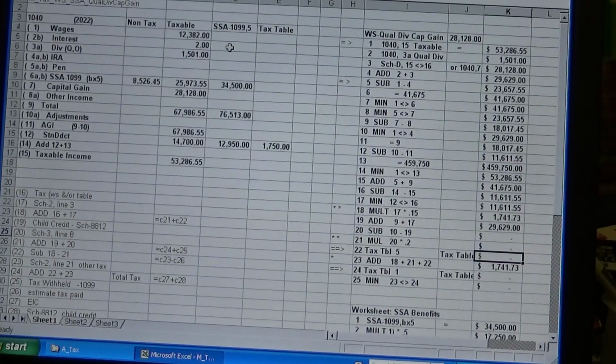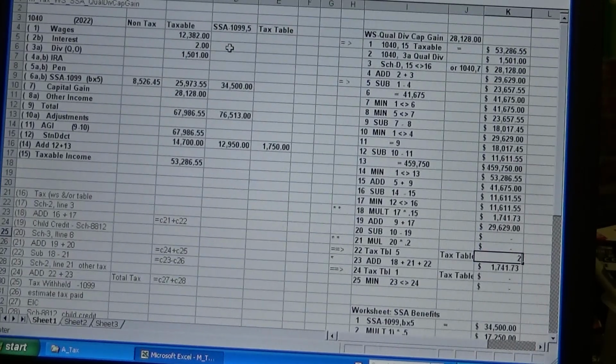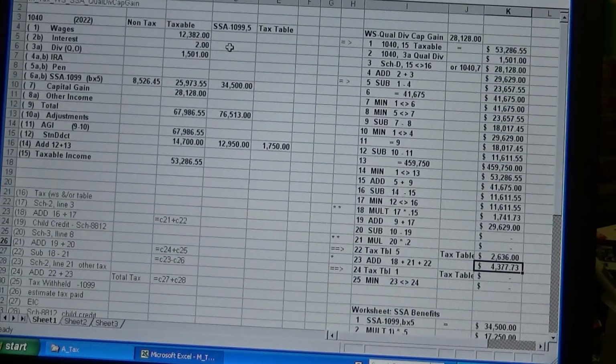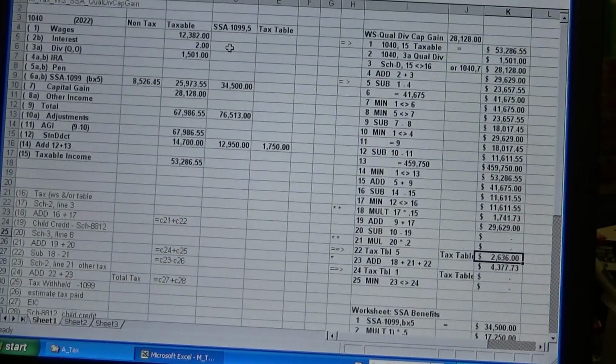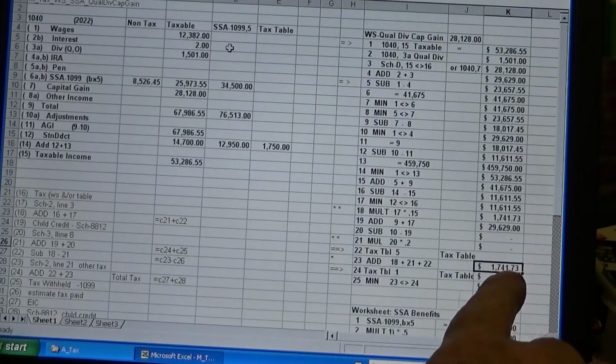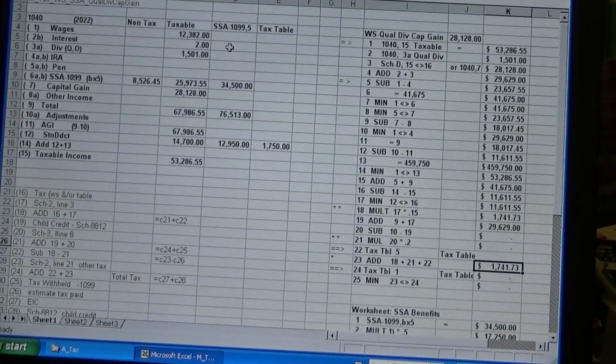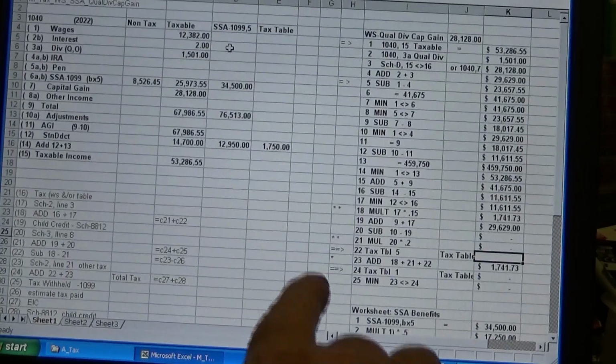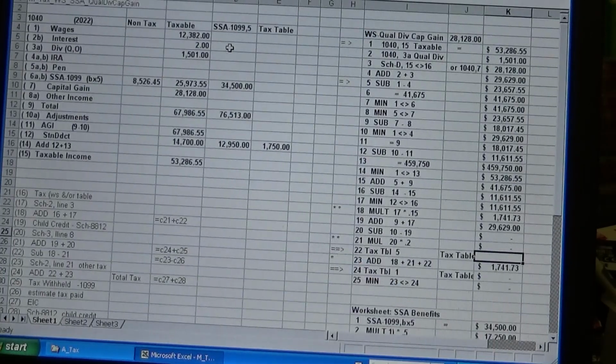The tax for line 5, I looked that up in the tables in the instructions, is that amount. And let me take that out of there so you can see that this is the calculations on what the capital gains is going to be. So we're going to be adding that to what's tax table for line 5. So we'll go back and put that back in for the tax on line 5.